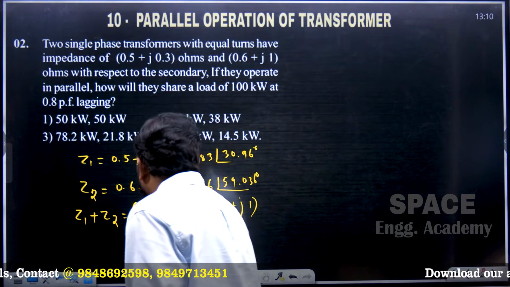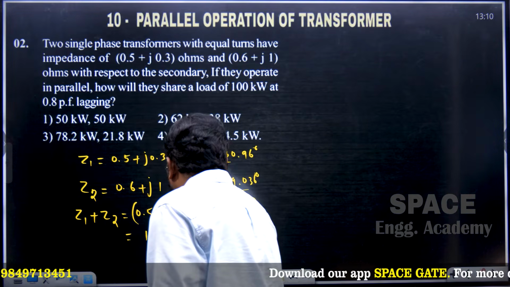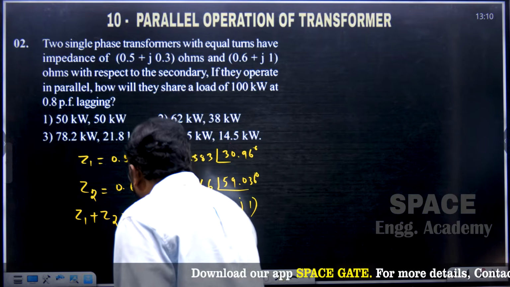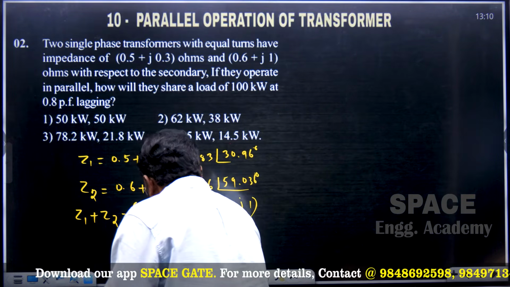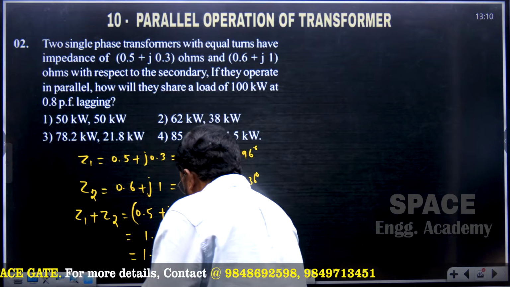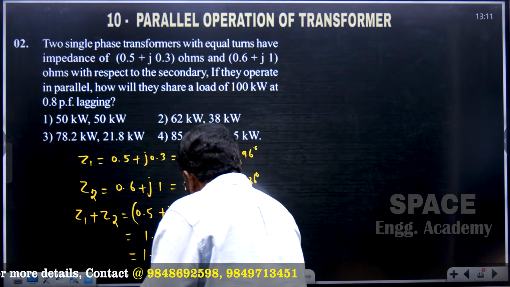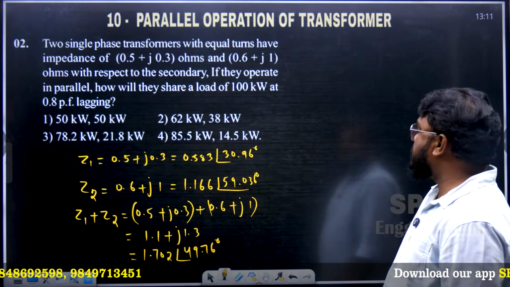By simplifying, we get 1.1 plus j1.3. In polar form, the magnitude is 1.702 at an angle of 49.76 degrees. These are Z1, Z2, and Z1 plus Z2.